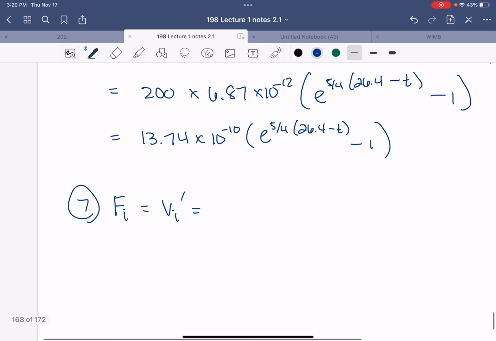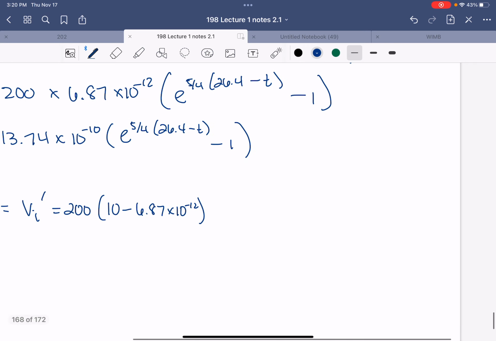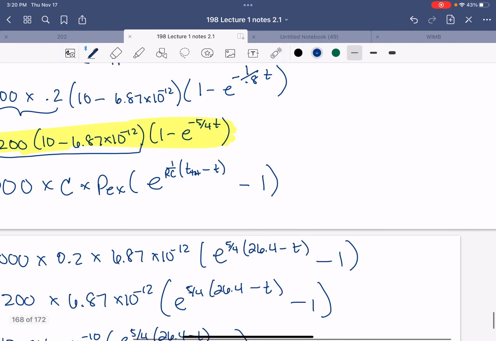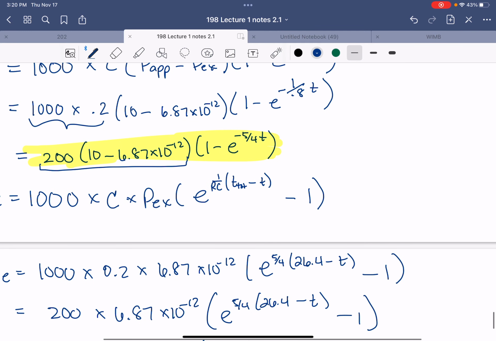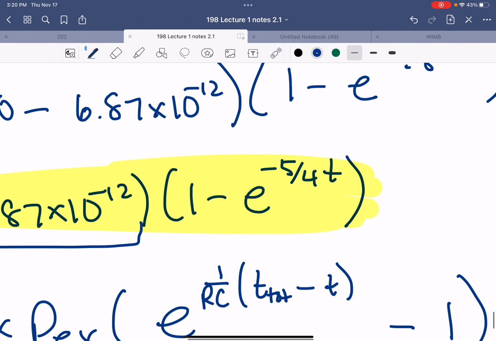So we're just going to keep that out front. So we're going to have 200 times 10 minus 6.87 times 10 to the negative 12. Okay, then we've got the function part, which comes next. I have 1 minus e to the negative 5/4 t, okay? The derivative of 1 is 0, I don't need it. Now I have the negative e to the negative 5/4 t.